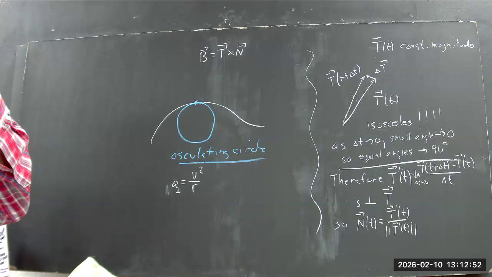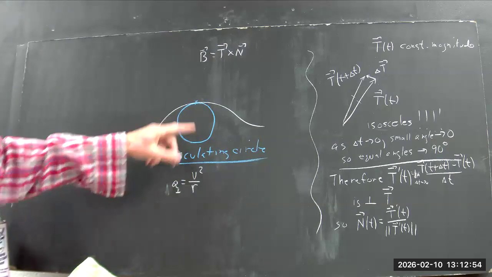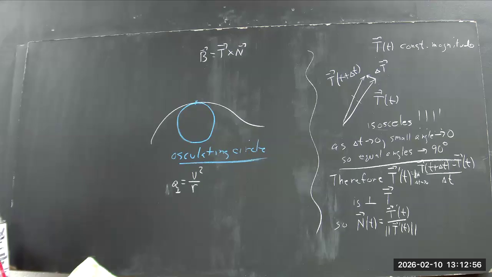So, osculating circle. We have this. R is the radius of that circle.